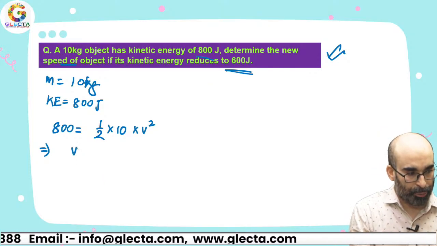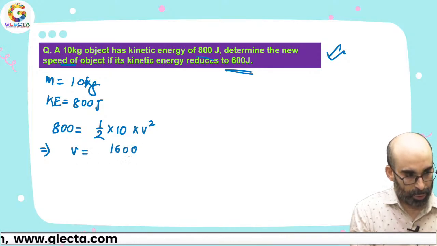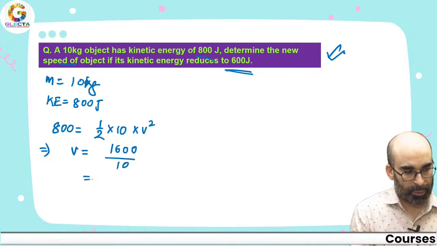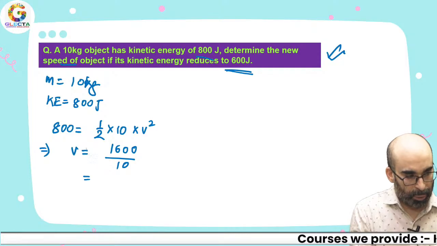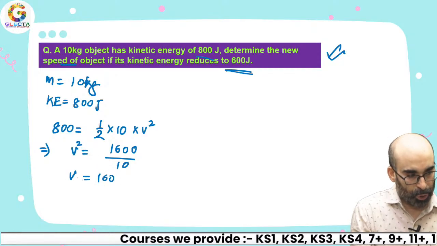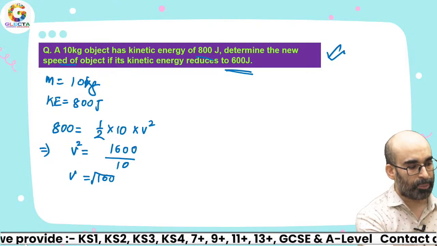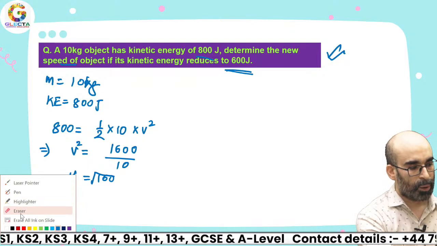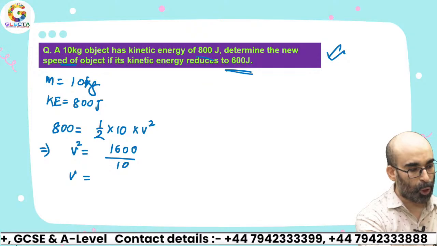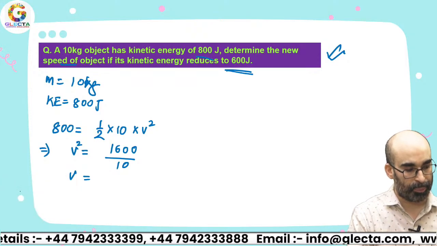So v squared equals 1600 over 10, right? So this is 160. So v would be the square root of 160, right? Square root of 160.